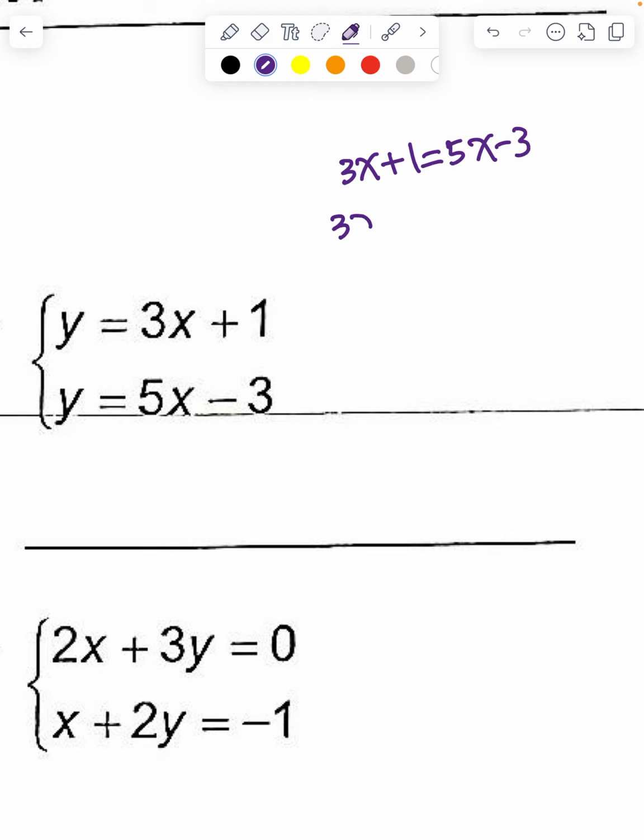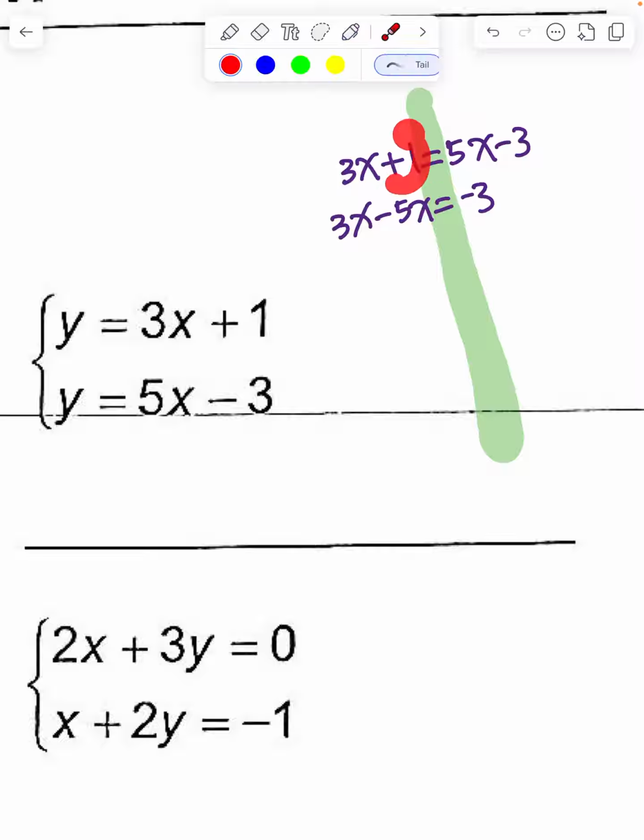Now 3x is not moving. 5x moves from the right side to the left, so I change it to minus 5x, and equals negative 3. Positive 1 moves to the other side and becomes negative 1.